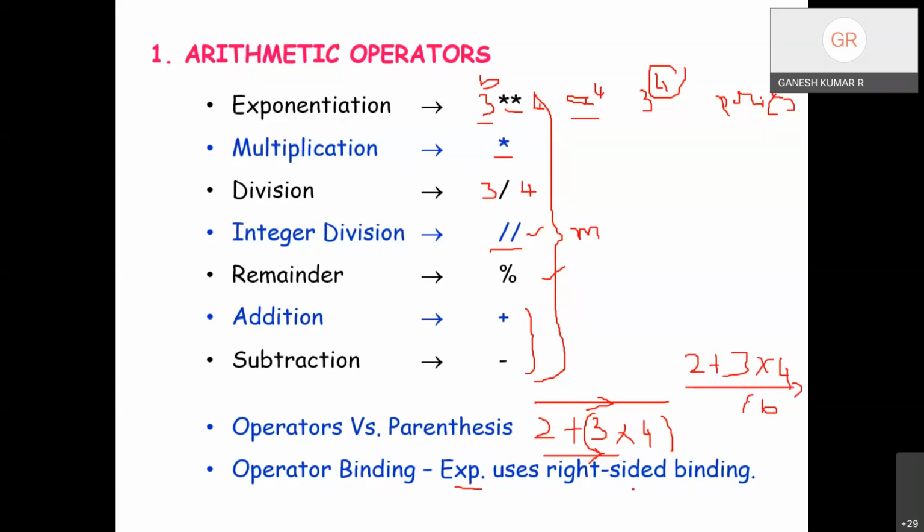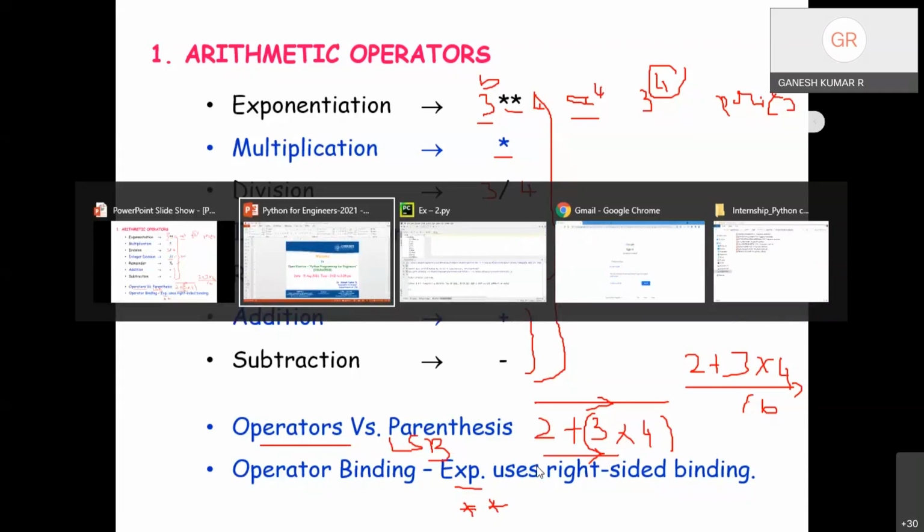The exponentiation operator uses right-sided binding, whereas regular operators are evaluated with left-sided binding. All the expressions will be evaluated left-sided except exponentiation, that is the double asterisk. It uses right-sided binding. Now let us move on to PyCharm and verify how it works.